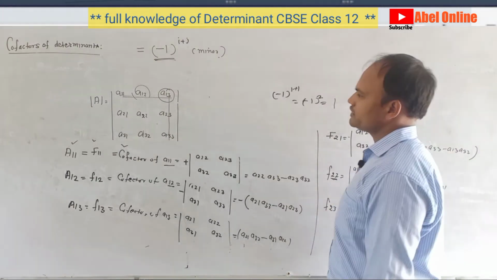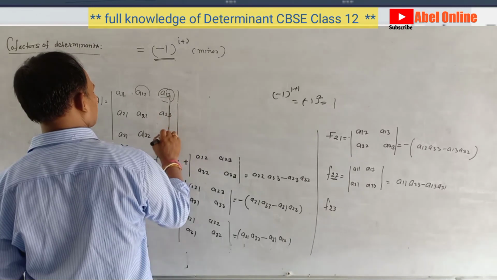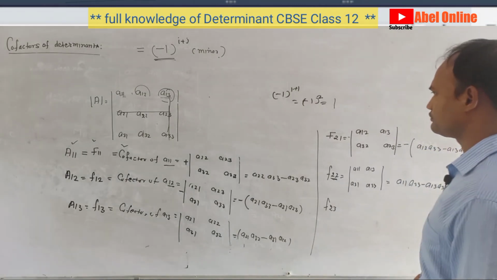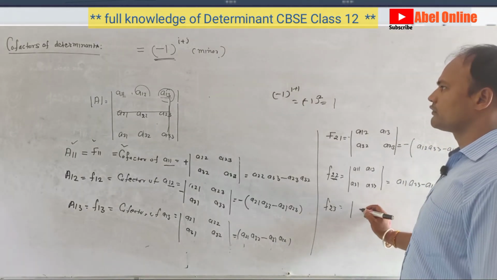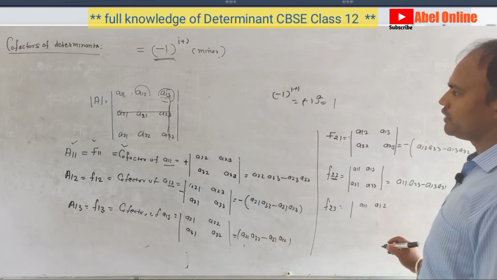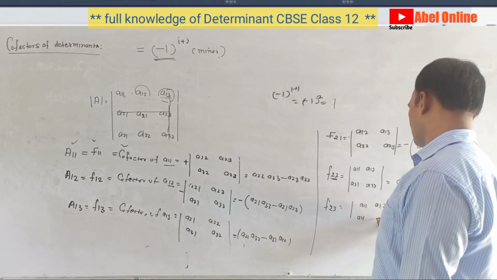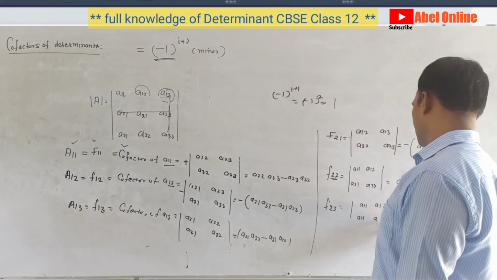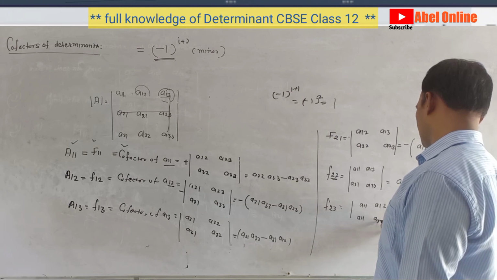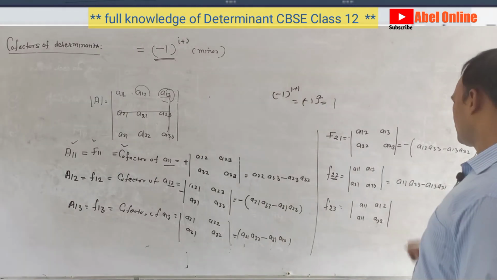What about F23? When we are talking about F23, just eliminate this row and this column. The remaining part is A11, A12, A31, A32.